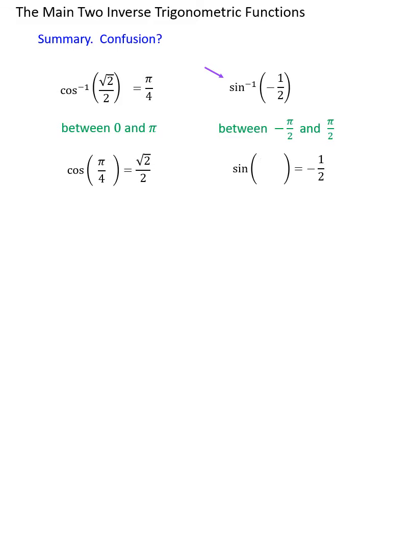Therefore, that can't be the answer. The sine of 7 pi over 6 is also negative half, but that also can't be the answer because 7 pi over 6 is bigger than pi over 2. Eventually, through your knowledge of the unit circle and a little bit of luck, you'll stumble across negative pi over 6. The sine of negative pi over 6 is also negative 1/2, and it is a value between negative pi over 2 and pi over 2.